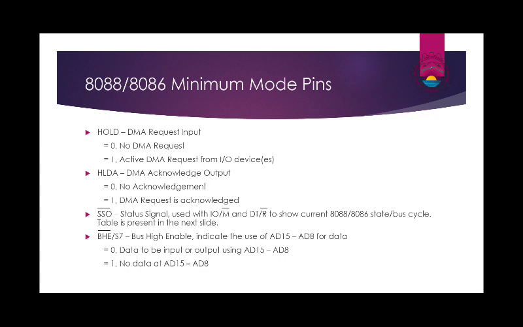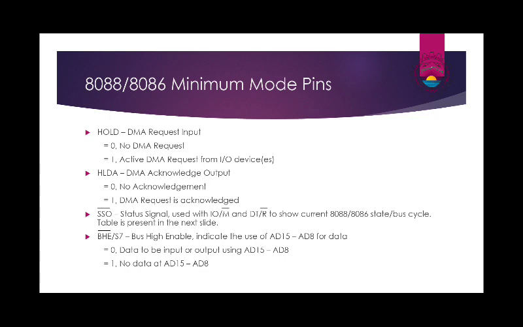Then we have to discuss the operation of BHE bar slash S7 pin of microprocessor 8086. BHE means bus high enable. As we know that the data bus is of 16-bit for the 8086 microprocessor, and that data bus is multiplexed with address. So we are having AD0 to AD15 address data multiplex bus in case of the 8086 microprocessor.